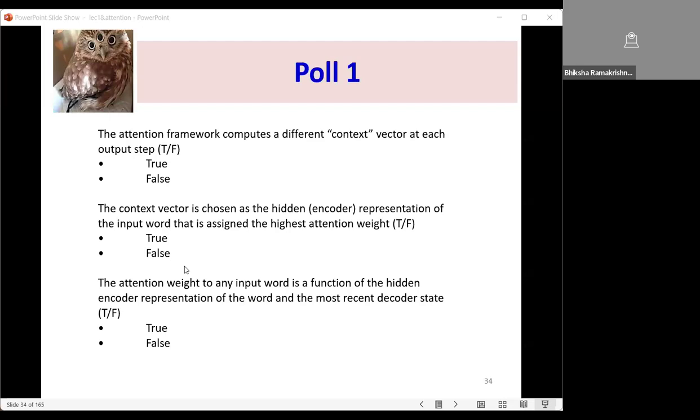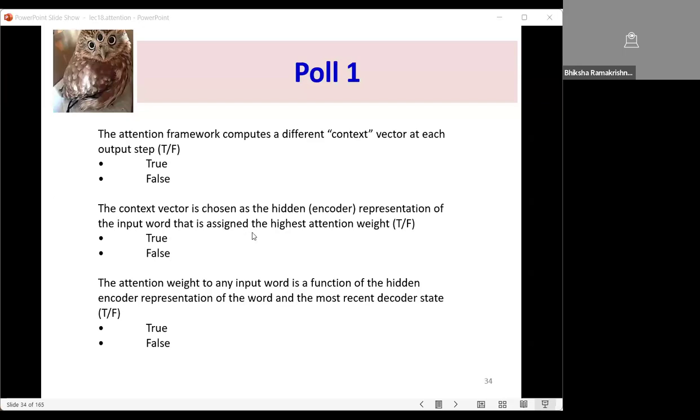The attention framework computes a different context vector at each output time step. True or false? First one. Okay. The context vector is chosen as the hidden encoder representation of the input word that's assigned the highest attention weight. True or false? Is this true?